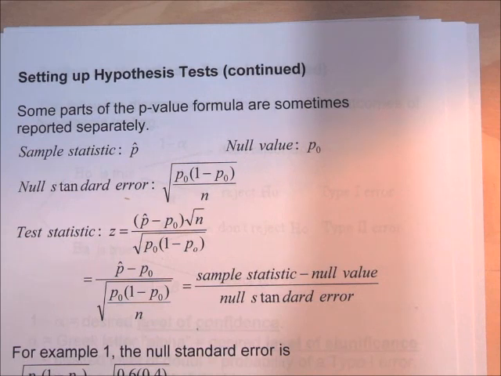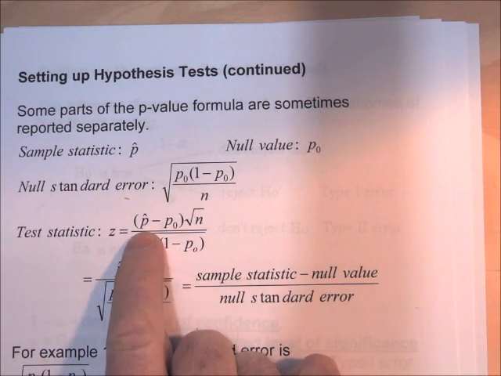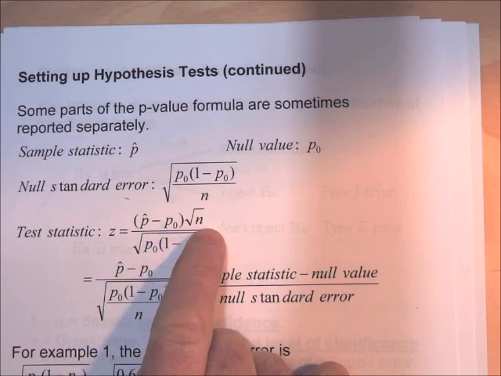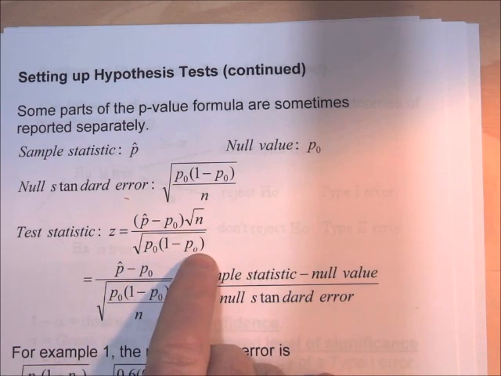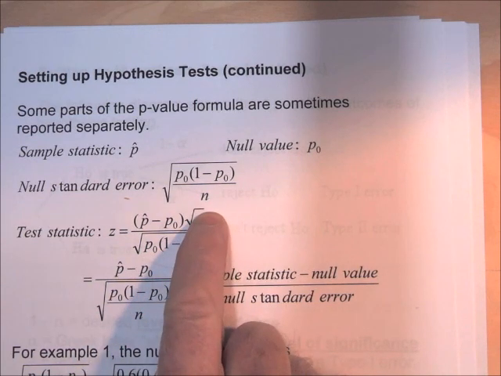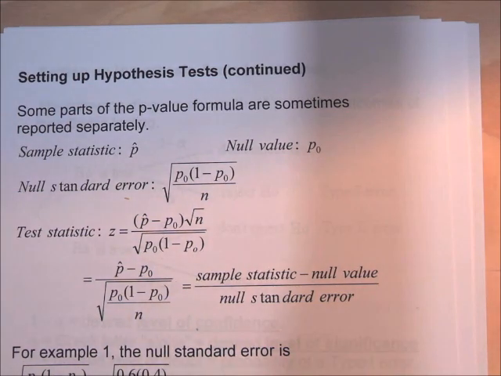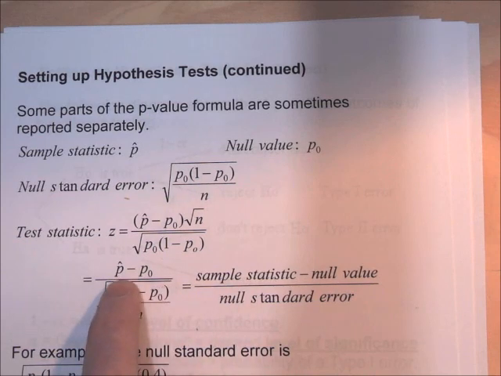The test statistic can be written in this form here, p hat minus p0 times square root n over square root p0 times 1 minus p0, or you can bring this n down to the bottom: p hat minus p0 over the square root of p0 times 1 minus p0 over n. This bottom piece of the fraction is actually the null standard error. So we have the sample statistic minus the null value divided by the null standard error.